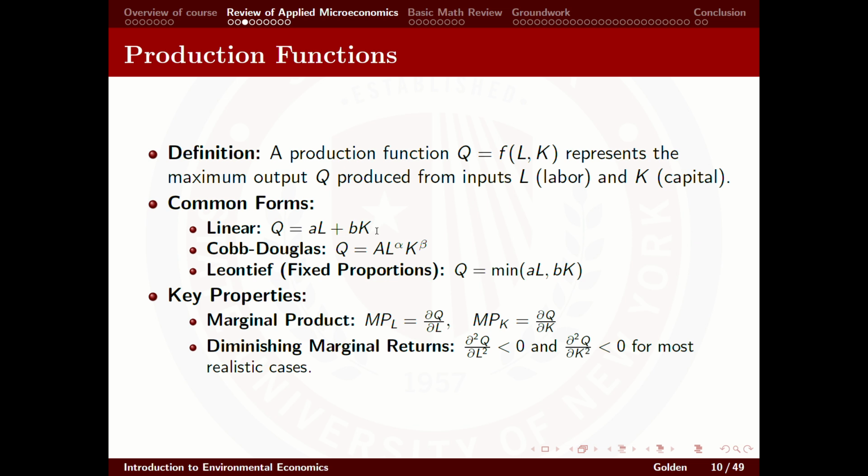This sometimes can be argued to come from a trade-off between labor and capital, and that trade-off is increasing as you have more labor and more capital. But sometimes it just means that eventually it's hard to produce things. Usually, diminishing marginal returns is related to some third unobserved input, but it's not always.